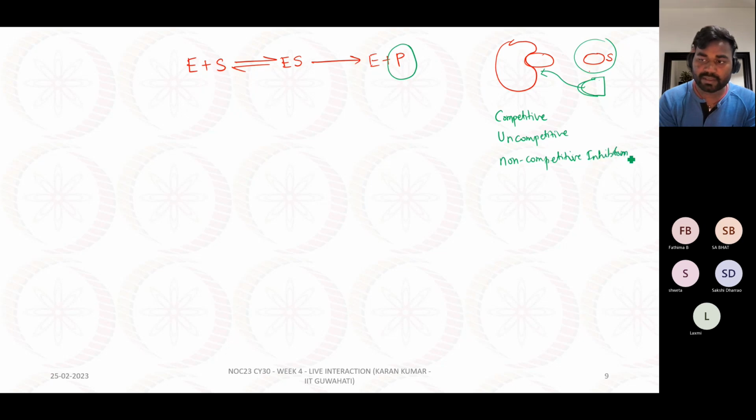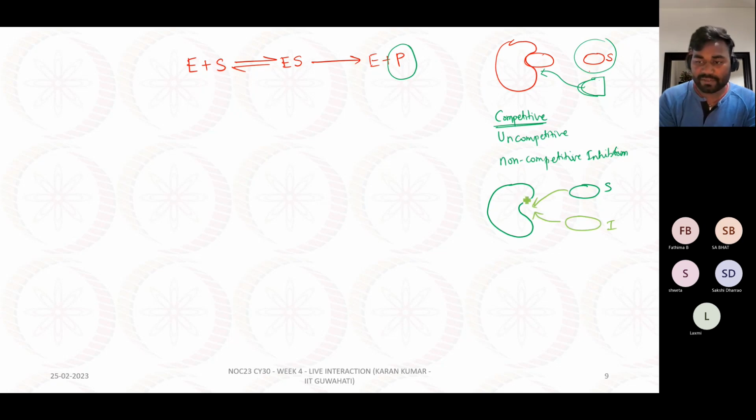Now what happens in competitive inhibition? Let us say your enzyme is this, your substrate is this S, and this is your inhibitor. In competitive inhibition, both the substrate and the inhibitor fight for the same site.